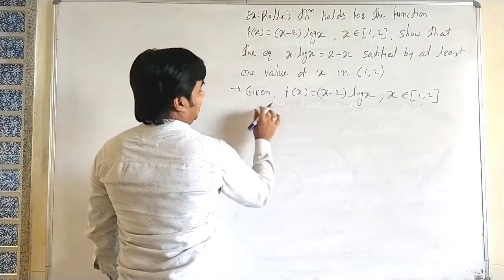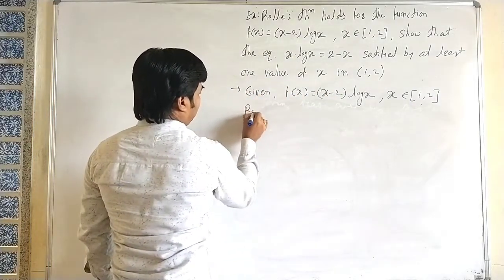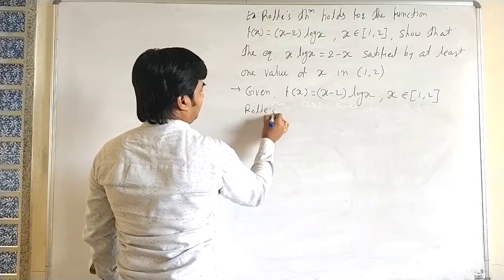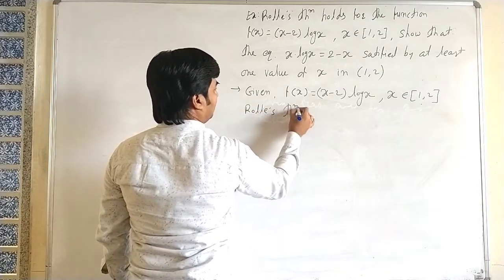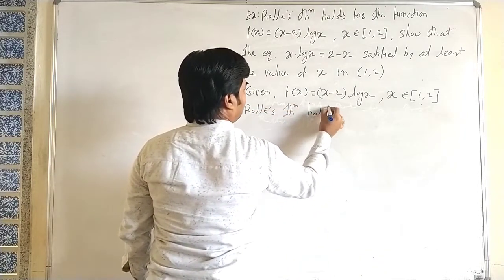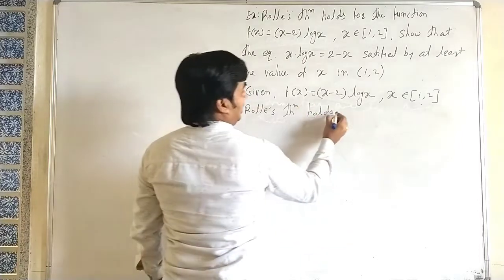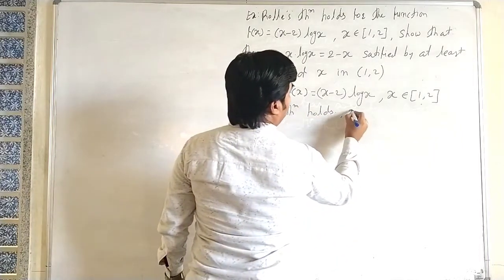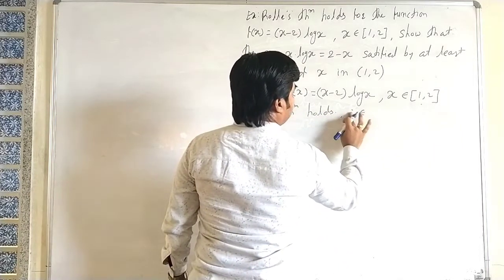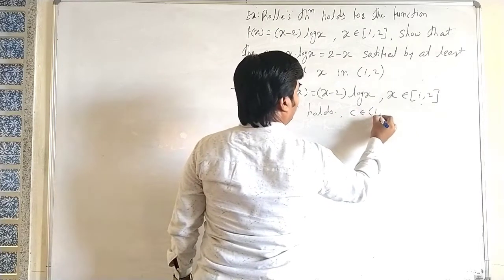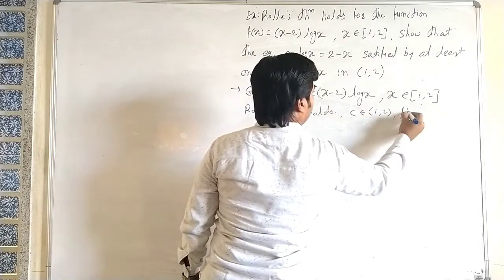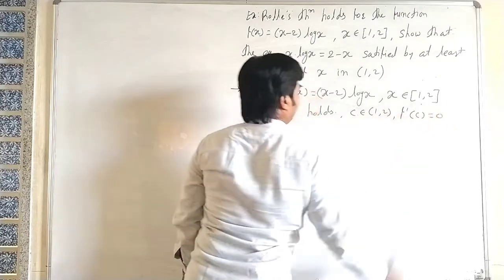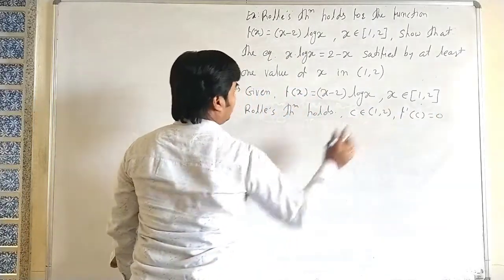Okay. Then Rolle's theorem holds, that is, there exists c belongs to (1, 2), f dash of c equal to 0. For c belongs to (1, 2), f dash of c equal to 0.